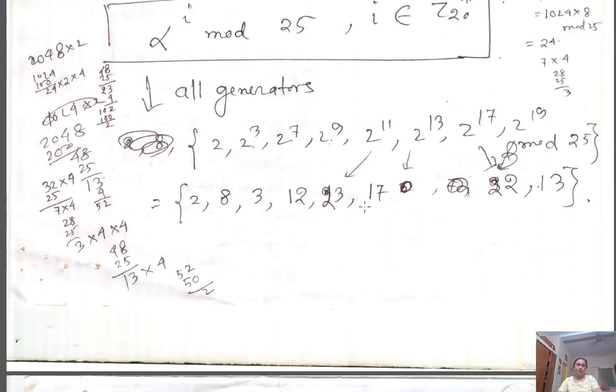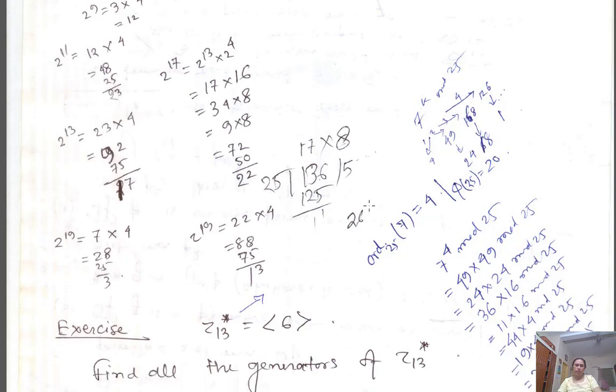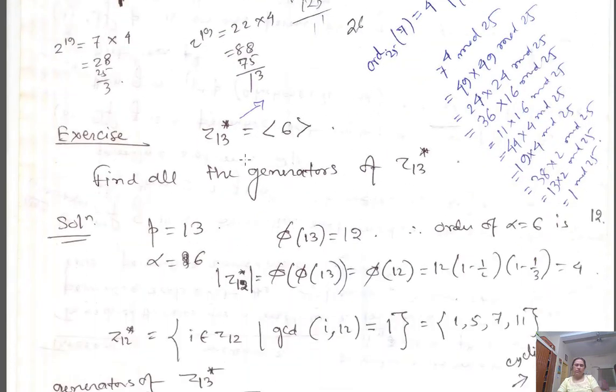I have done the same exercise with Z13 star: find all the generators. Here the first generator was not given. I found one generator, alpha equal to 6.